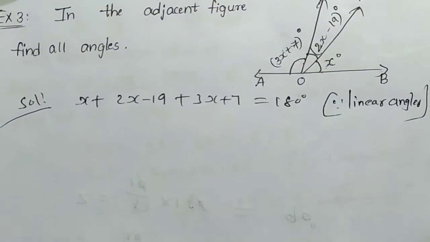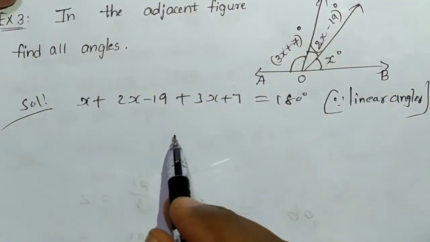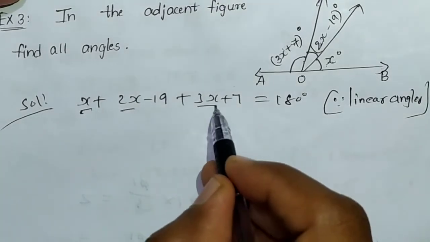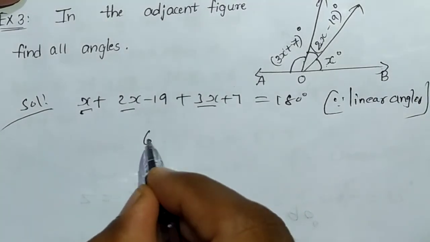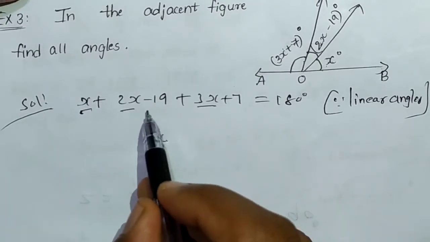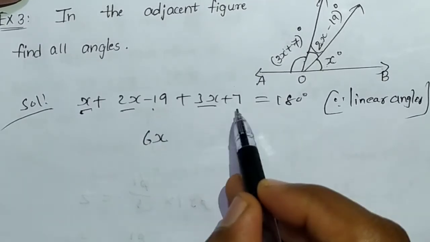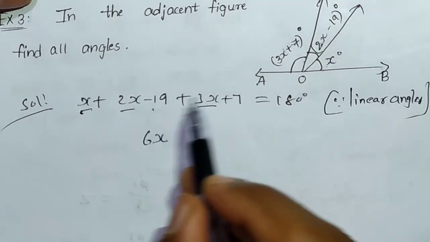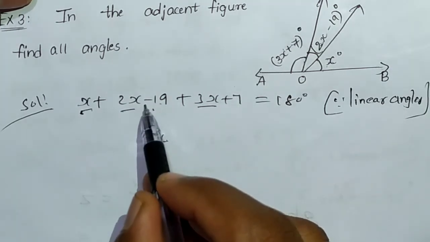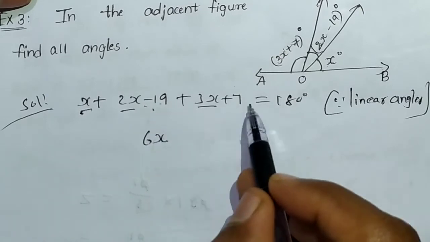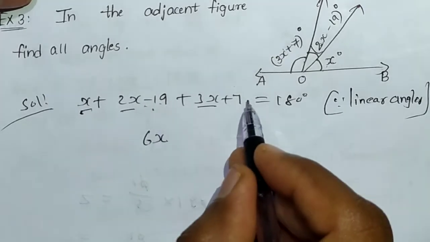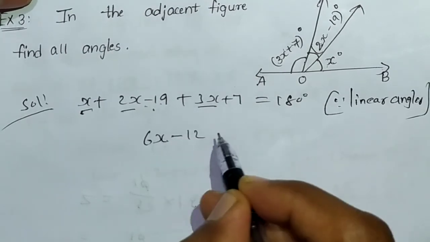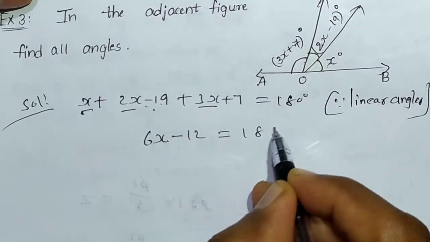From this we get the x value. x plus 2x is 3x, 3x plus 3x is 6x. Next, minus 19 plus 7. If different symbols are there, we subtract the small from the big and keep the big number's symbol. Minus 19 plus 7: 19 minus 7 is 12. The big number's symbol is minus. So minus 12 is equal to 180 degrees.